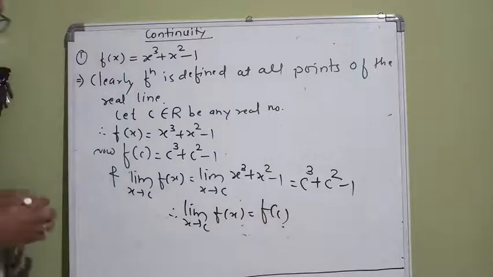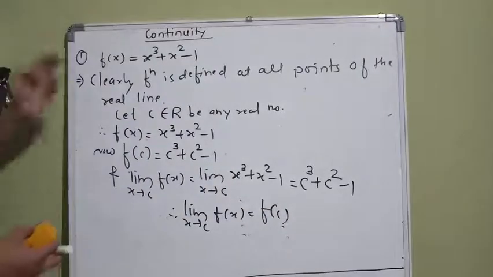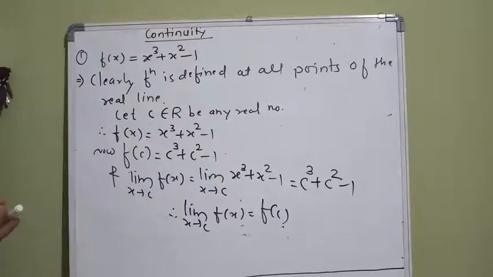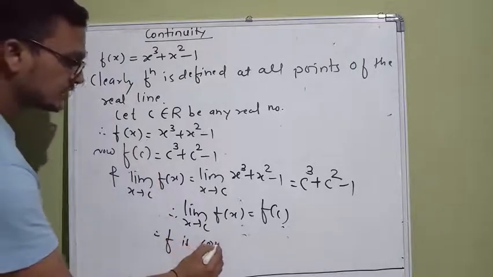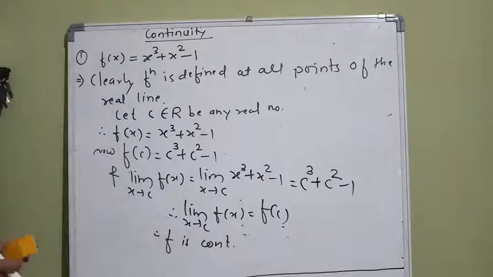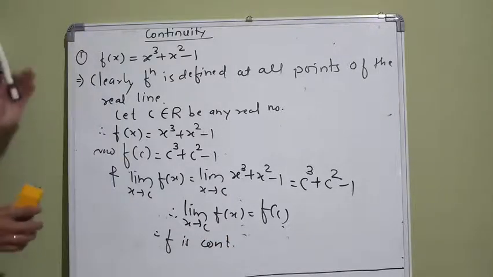So the f of c and the limit value are equal. Therefore this given function is continuous. To conclude, f is a continuous function. I hope you understood this. I have taken this without a continuity point with a simple function.